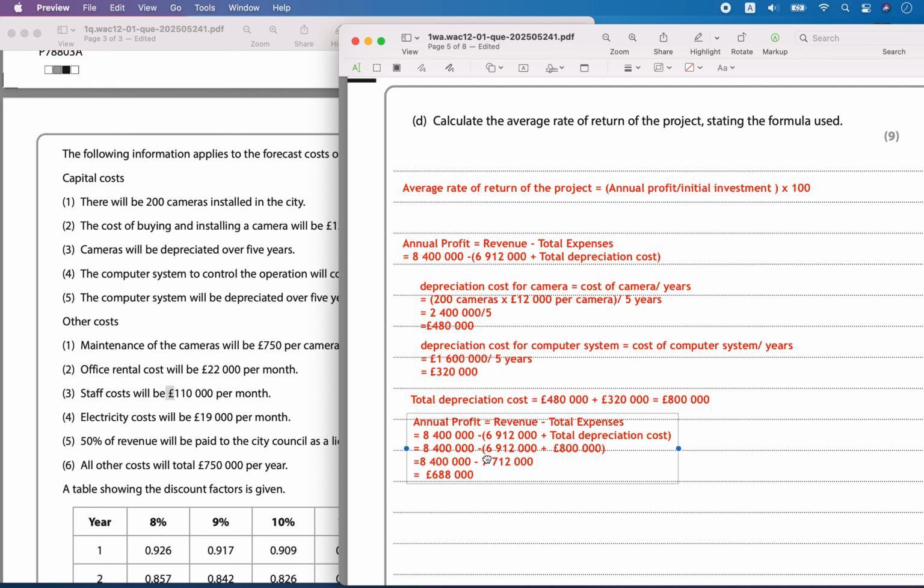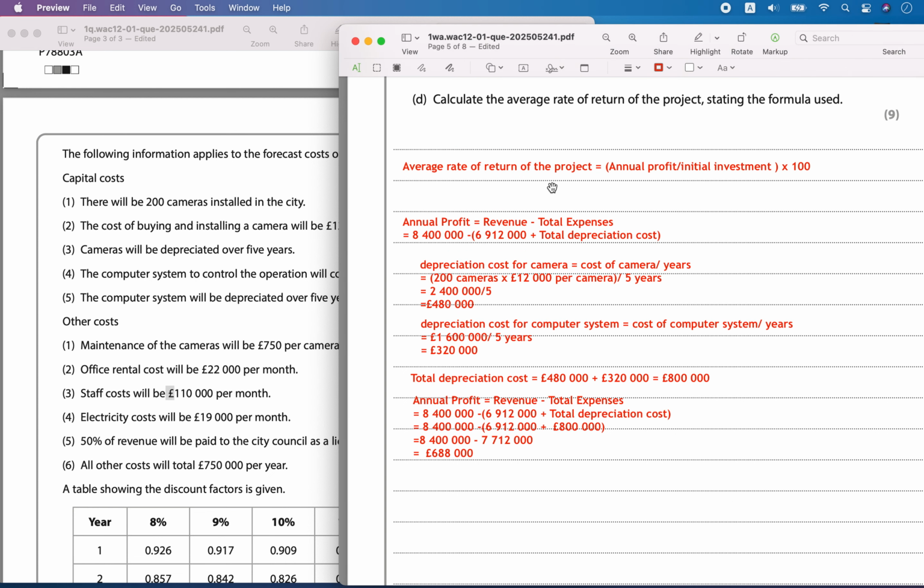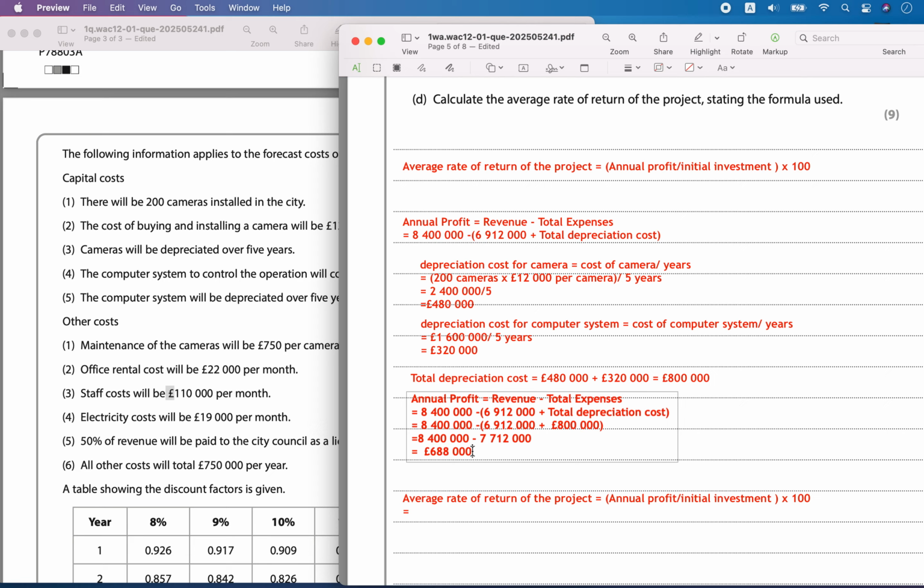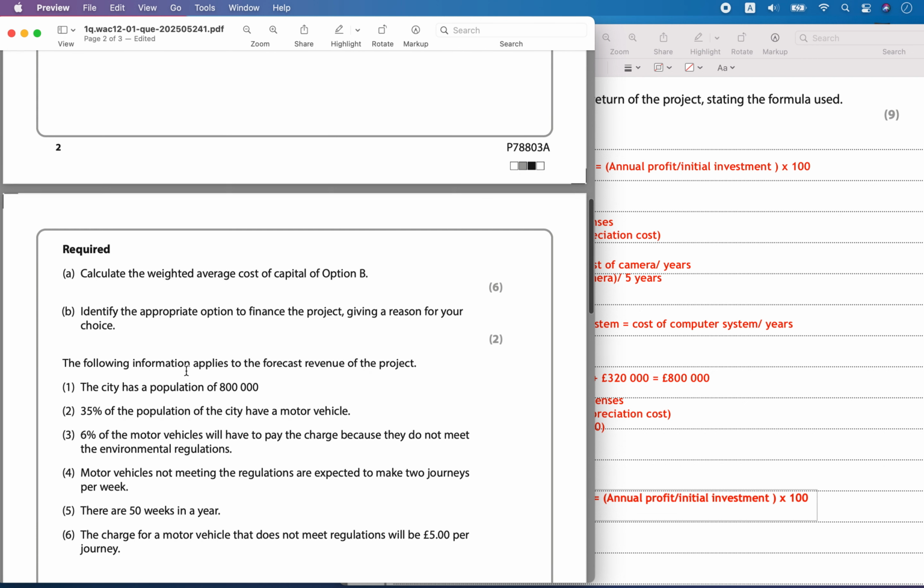Now let's calculate the average rate of return for the project. That is equal to the annual profit, which we had calculated as 688,000, divided by the initial investment.